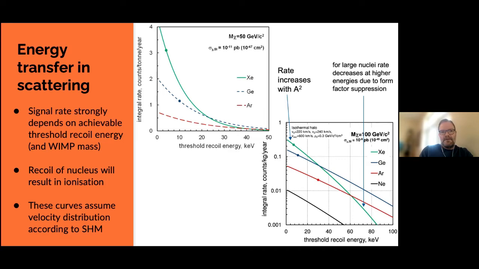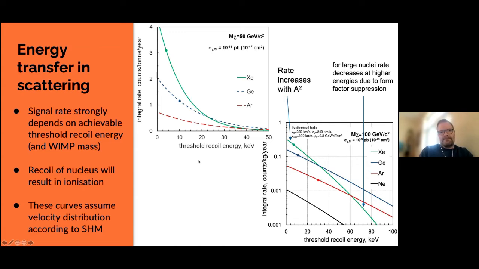What you see here is the expected rate, so how many interactions you expect for a given cross section and a given mass of a WIMP, as a function of the threshold recoil energy.